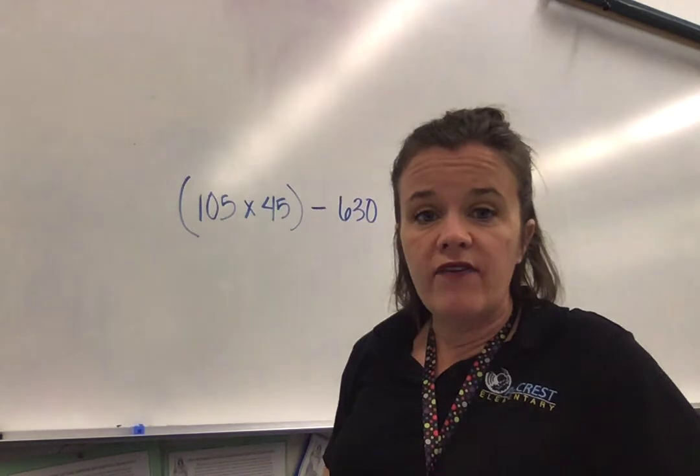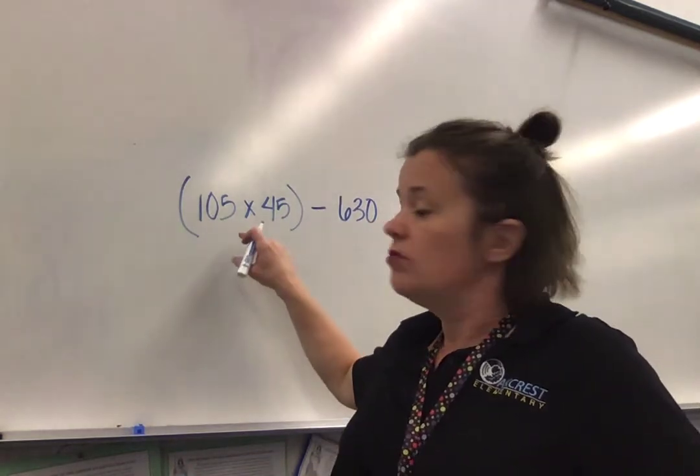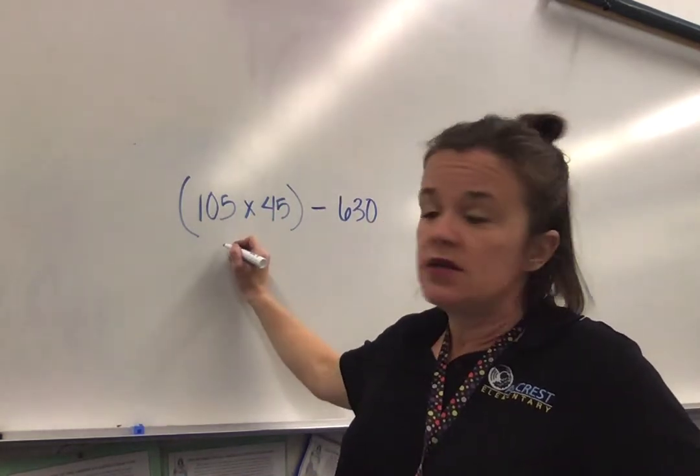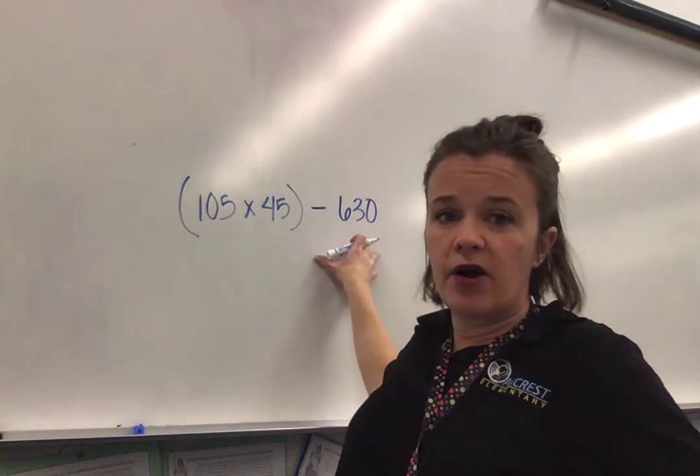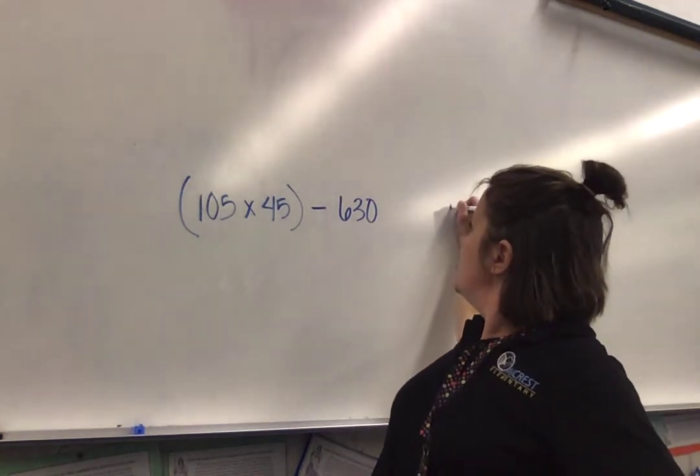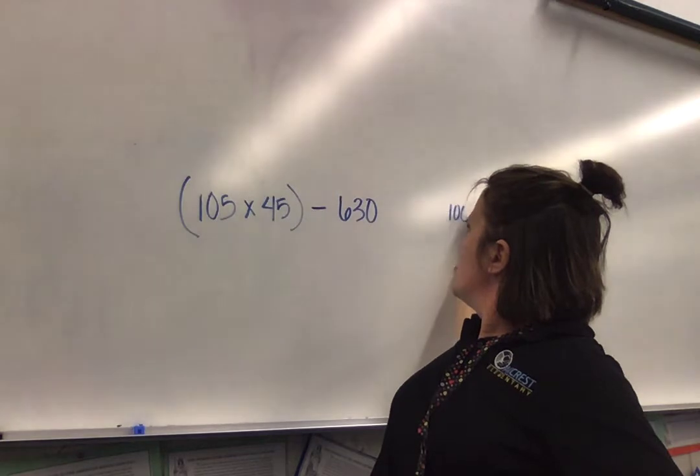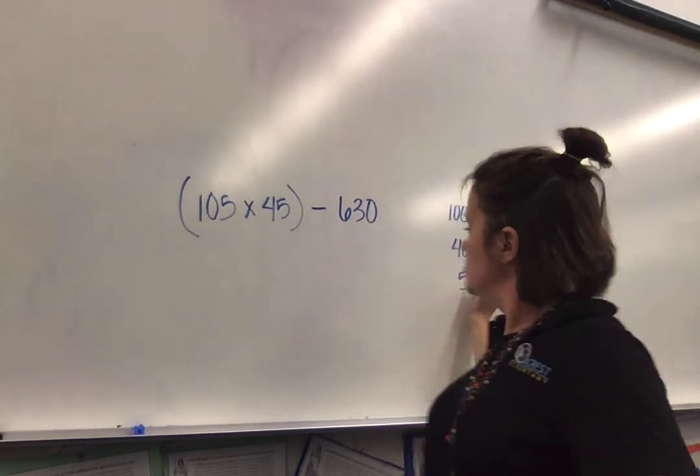Okay, so now if I were to do this, I have to do this part first, and then I do the second part after that, right? So I'm going to do place value section method.